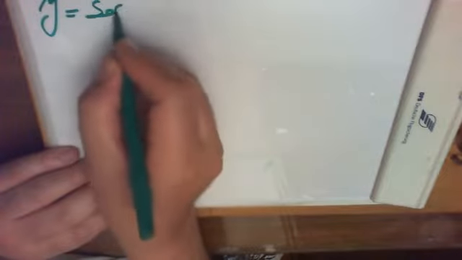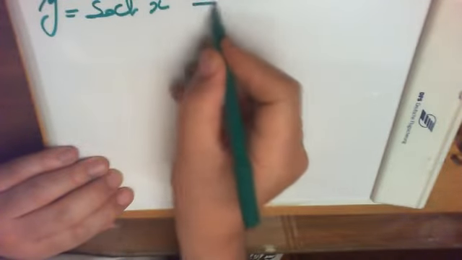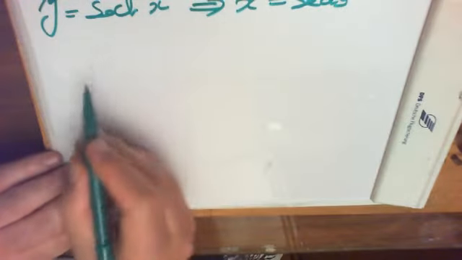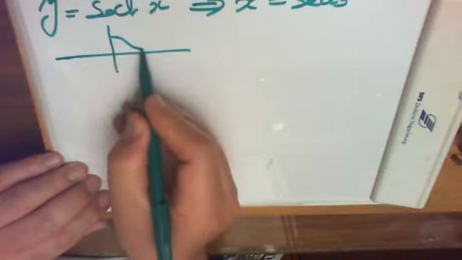Now, for the function y equals sech minus 1 x, or in other words, x equals sech y. We said before, we'll consider only that part as the principal branch.